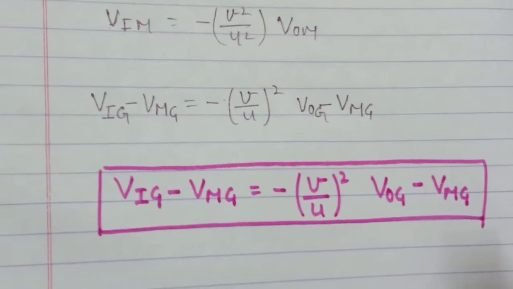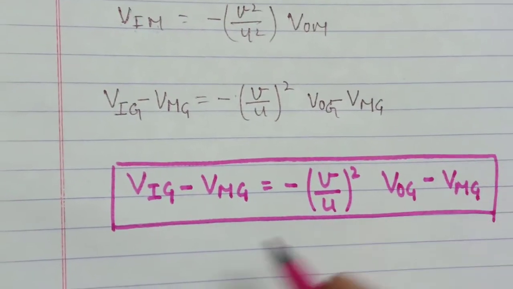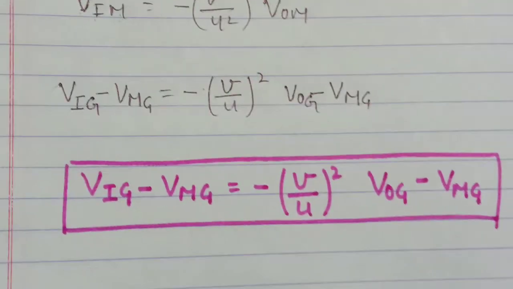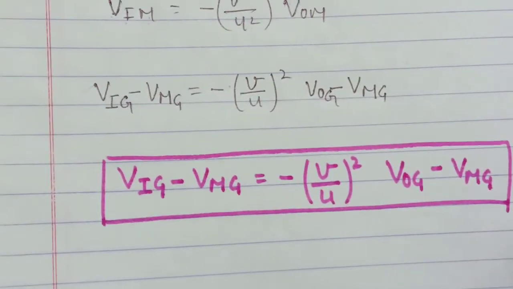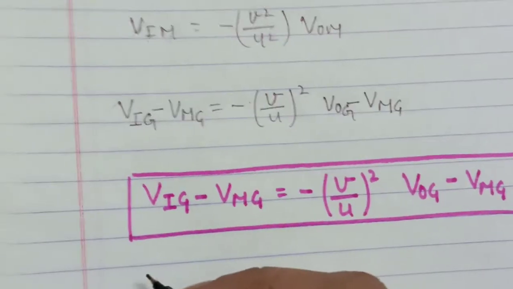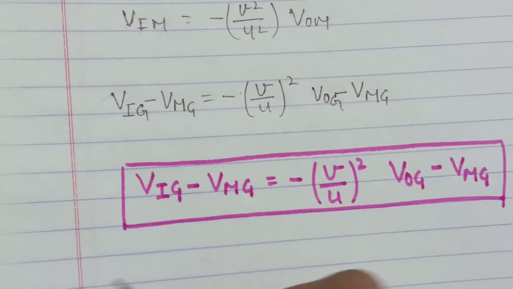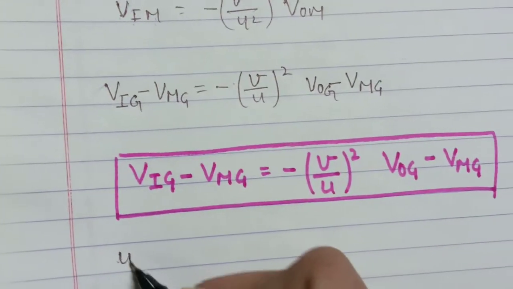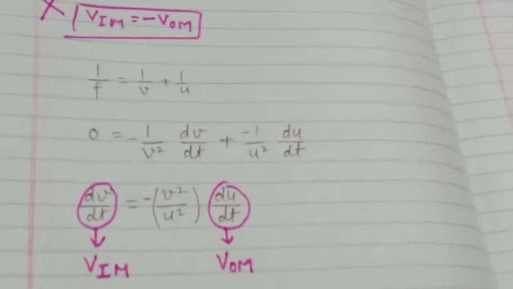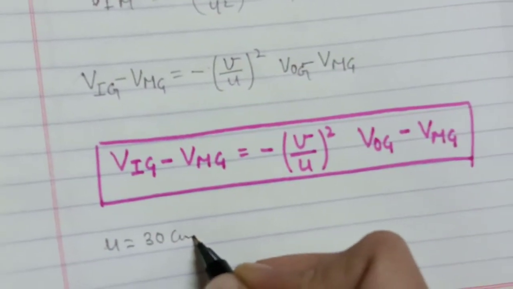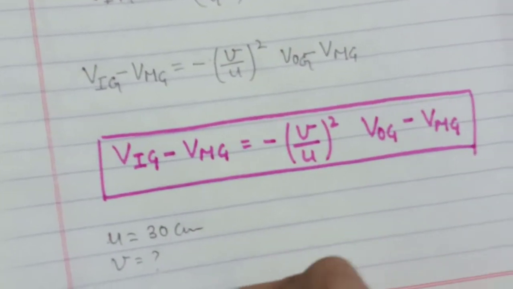So first we will take the condition. First we will put all the values here and you will get the answer. U is equal to, what is the value of u? 30 centimeter. V is equal to question mark.